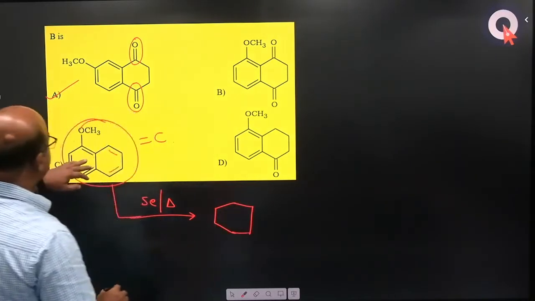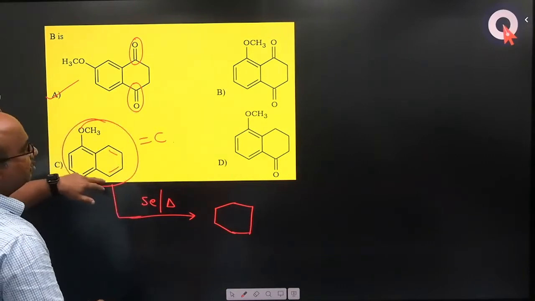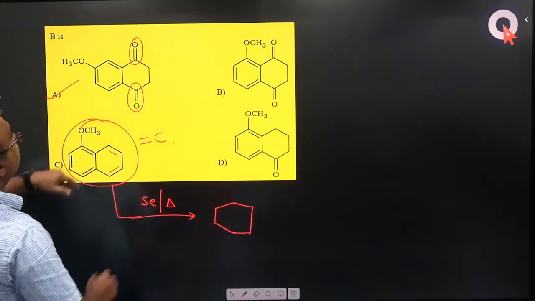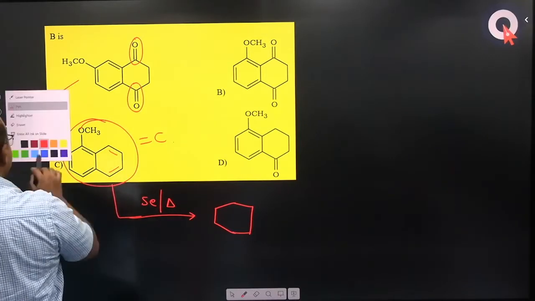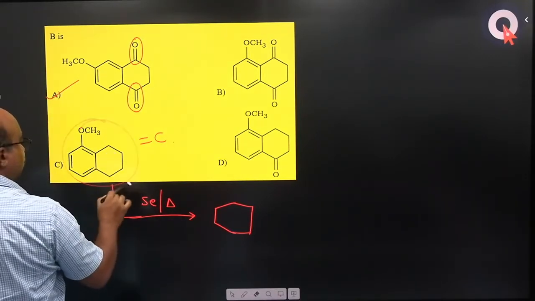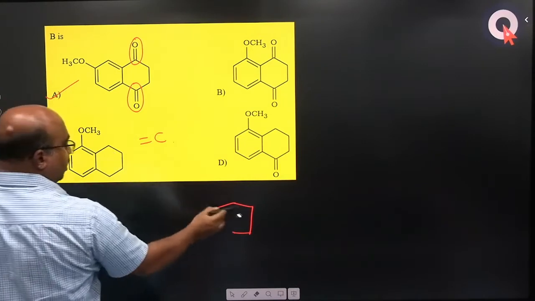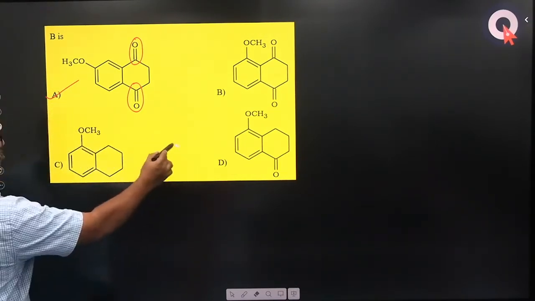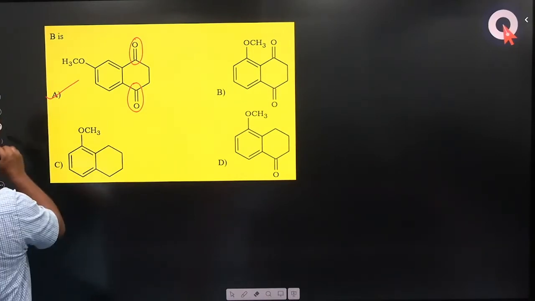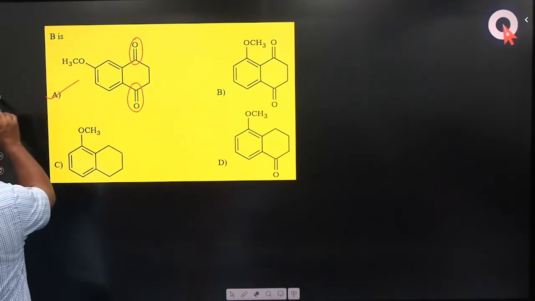Not this one. This one was not the case because the OCH3 position changes. So this is anyhow not C either, because the OCH3 position is different. So your C compound is actually like this. I will write it on the next page, let us see.